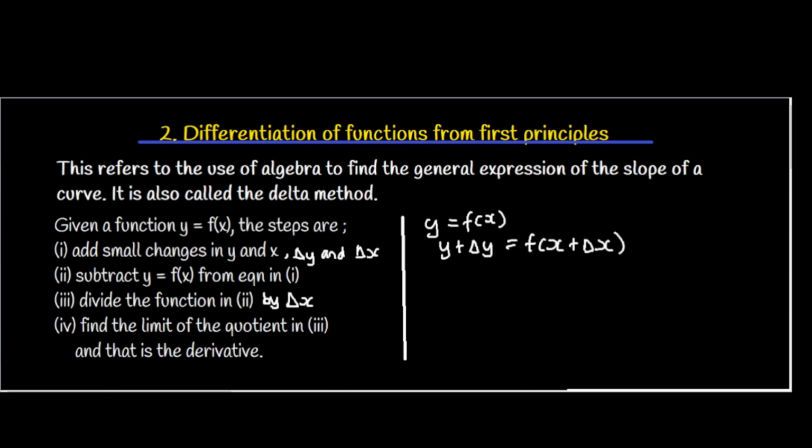After that, let's get to step number 2. Here they are saying to subtract y equal to f of x from the equation in step 1, the equation we formed after adding the small changes. So on subtracting, we have y plus change in y minus y, this first y here, equal to f of x plus change in x minus f of x.